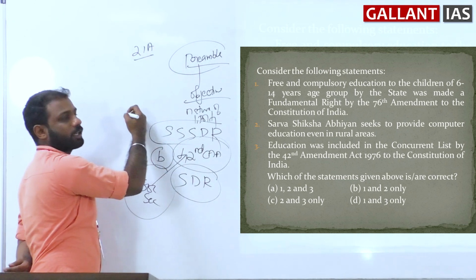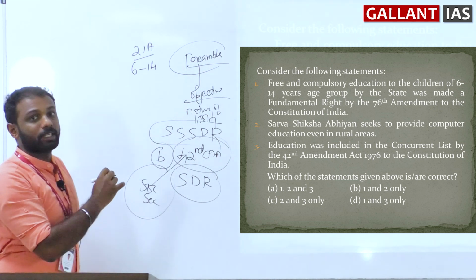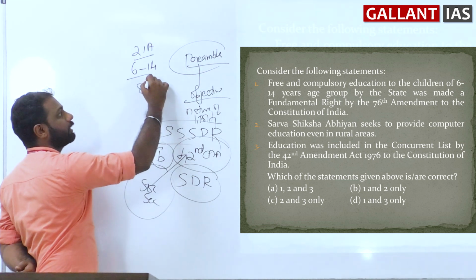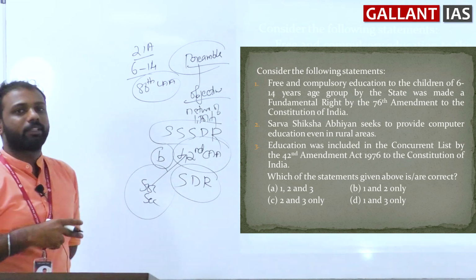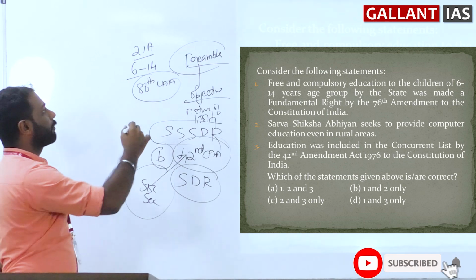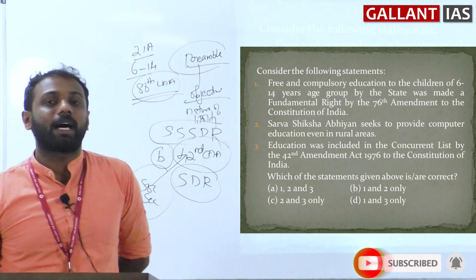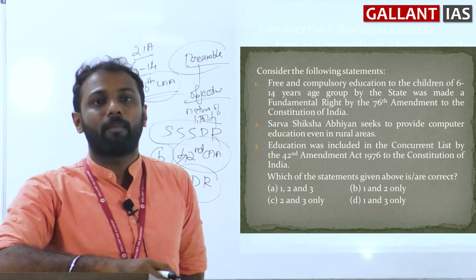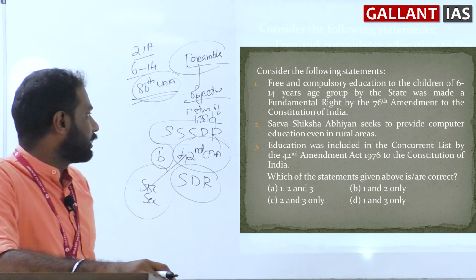It was added by the 86th Constitutional Amendment Act only. Here the number is wrongly given as 76; it is actually the 86th Amendment, which inserted Article 21A and made free and compulsory education of children aged 6 to 14 years a right. So statement one is wrong.